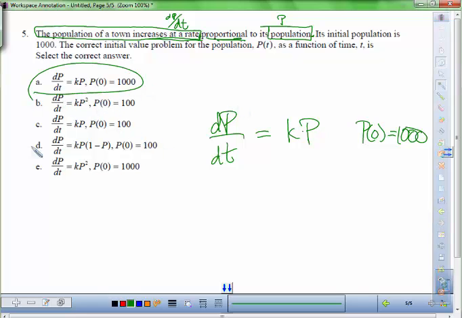So what would the words be if this was your answer? So proportional.